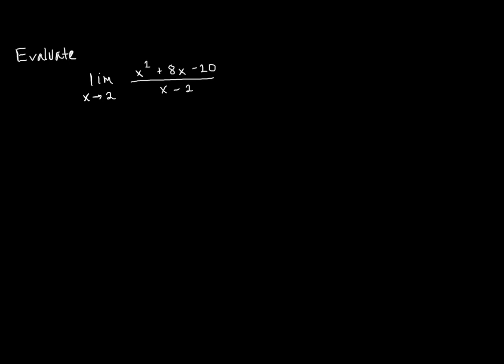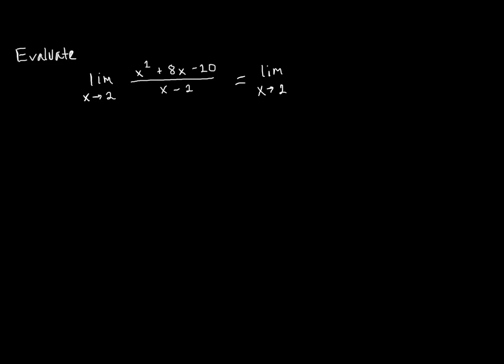So let's rewrite this statement, and this is a key point that you want to remember: if I'm going to simplify this function and rewrite this statement, I can't leave out the limit piece, okay? Because this statement is saying take the limit as x approaches 2 of this function, and so this is equal to another statement where we're saying the limit as x approaches 2 of this function. So we have to keep the limit statement there.